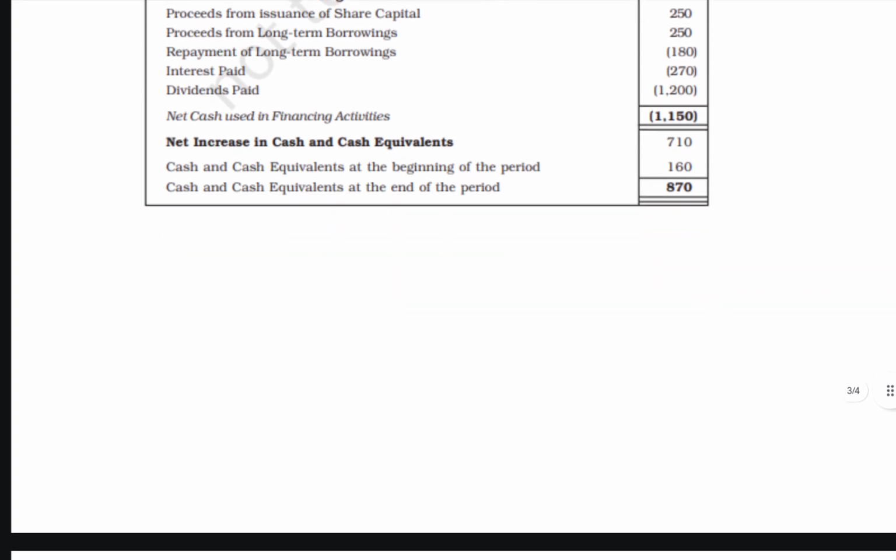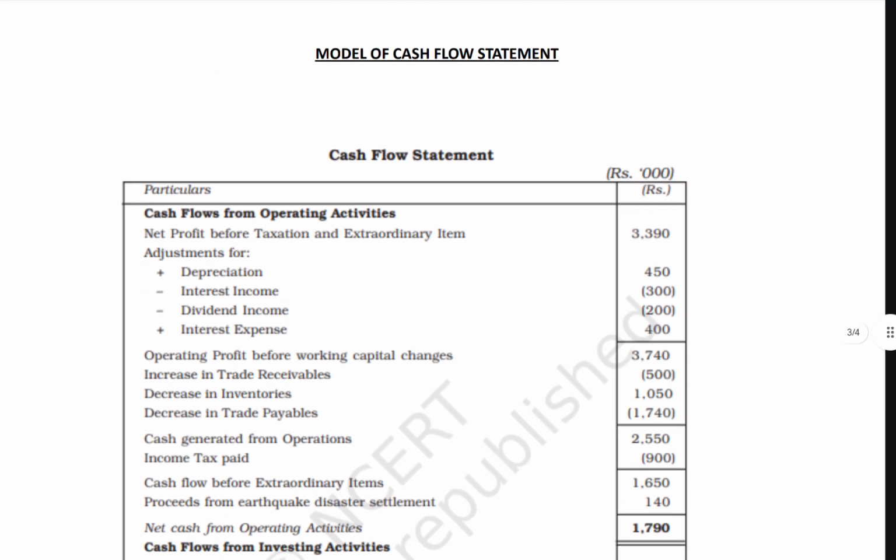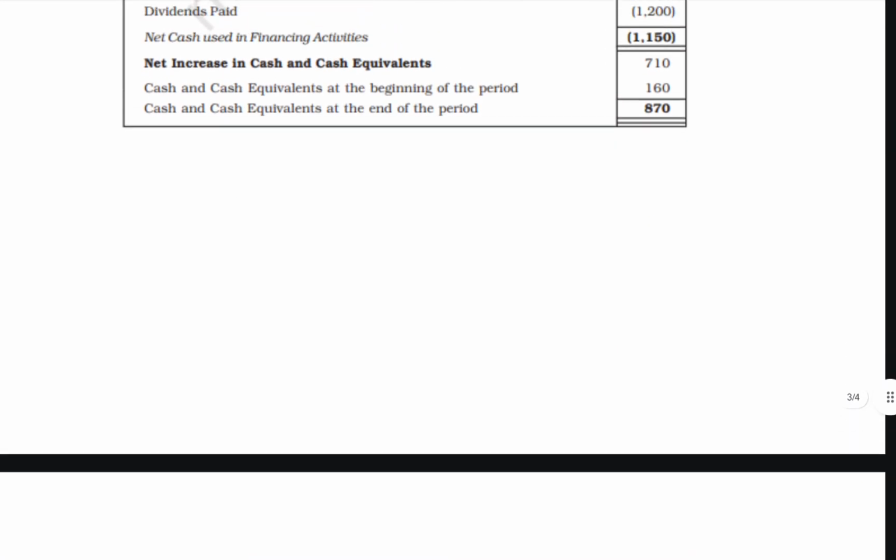See, in the beginning of the year, the cash was, we can just imagine it in lakhs or thousands, 1,60,000. At the beginning of the year, the business had just 1,60,000 rupees.